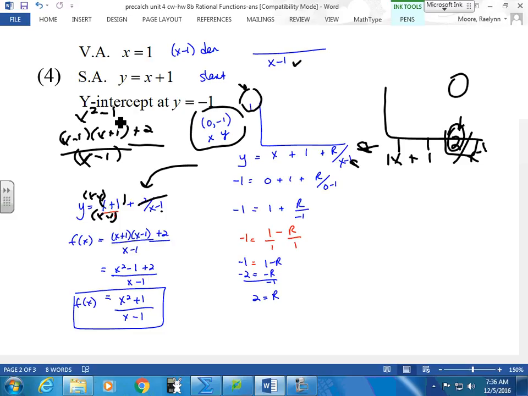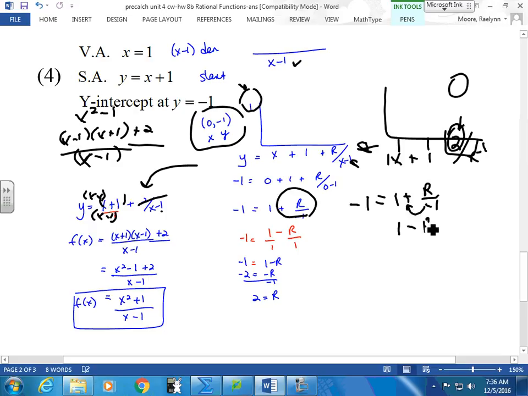Oh, what I did here was I just took this minus 1 and made it a minus r. This is a minus 1 under here, so it's this. So basically, I was just replacing this with a minus, because it's over 1. Anything over 1 is itself.